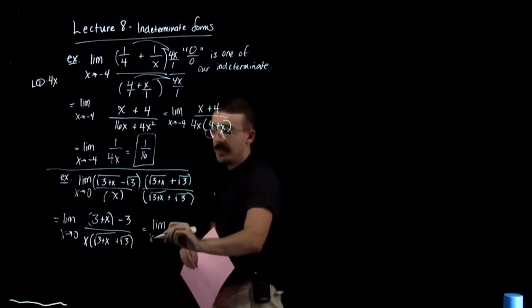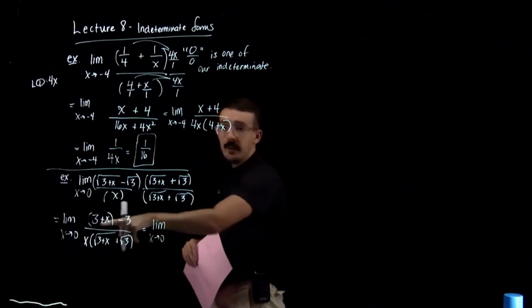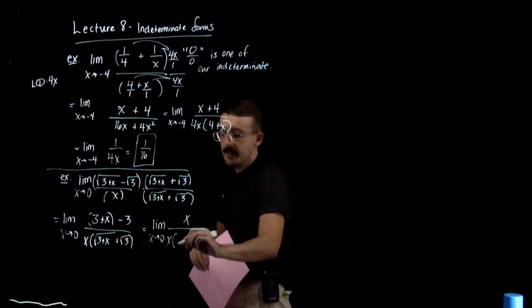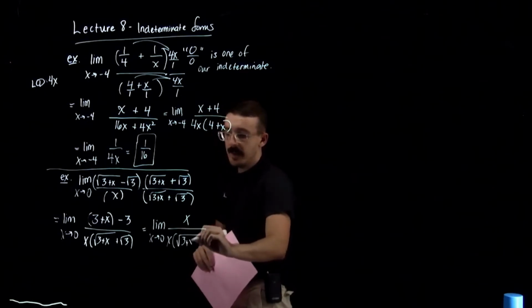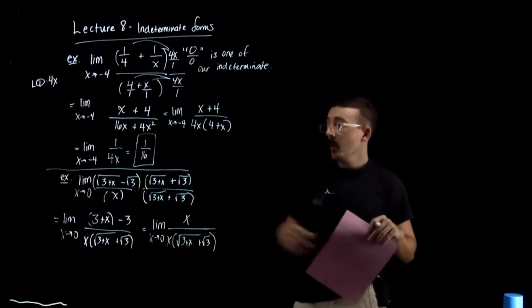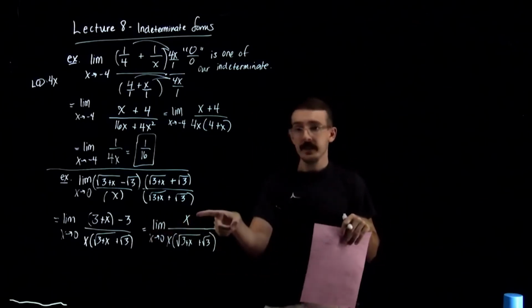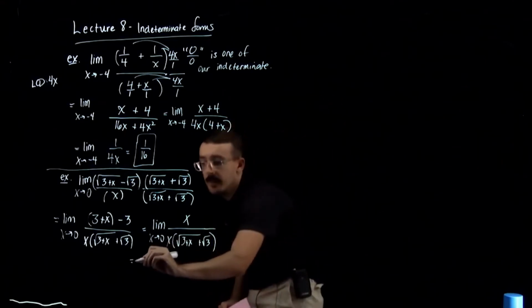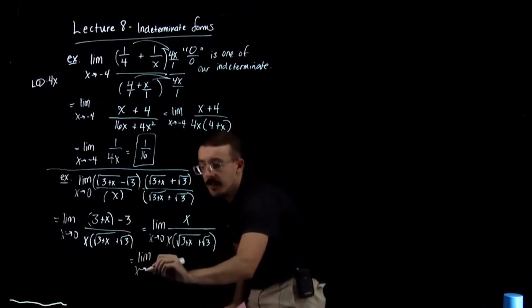If we continue, I have the limit as x goes to 0. 3 minus 3 will just leave me with x on top, over x times radical 3 plus x plus radical 3. This is the whole reason why I didn't multiply this out, because you can see this factor and this cancel. So now I'm left with the limit as x goes to 0.